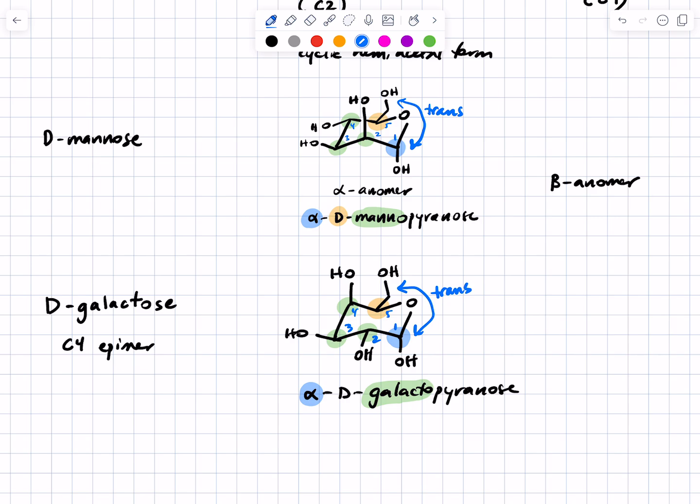All right, glucose, mannose, and galactose. There are other carbohydrates, other diastereomers of glucose, but these are the ones we're going to worry about. The other ones are not quite as common. All right, so you should have those memorized. If I point to a carbohydrate and say, hey, what sugar is that?